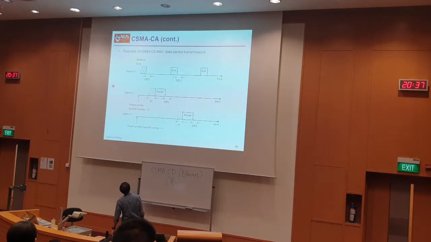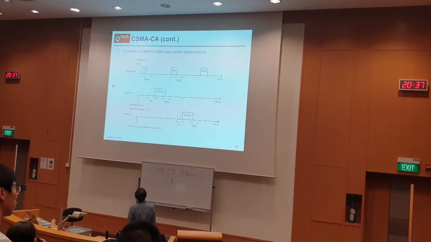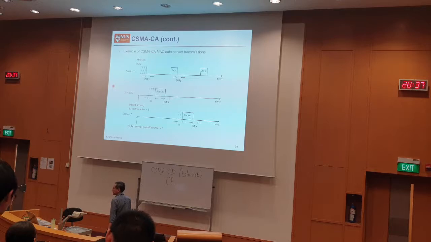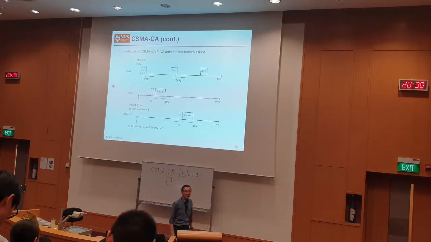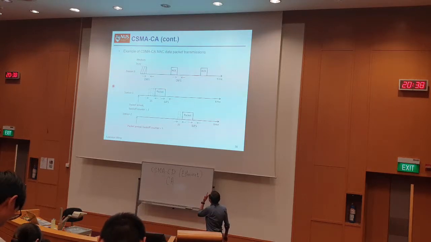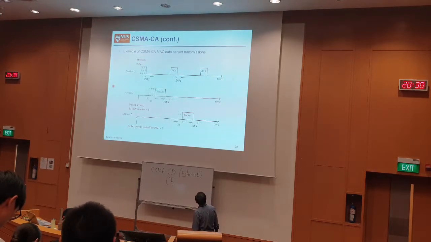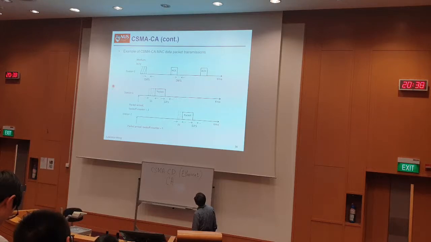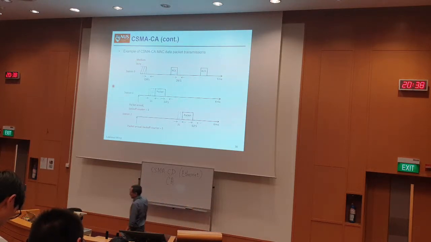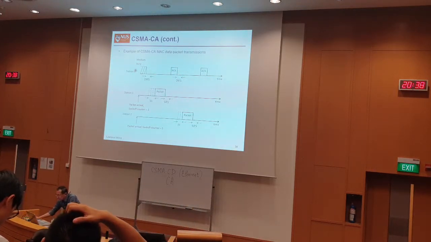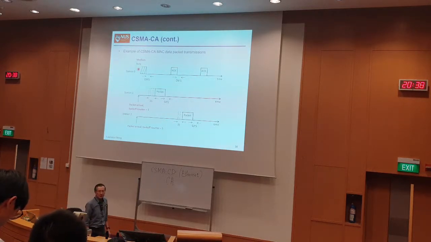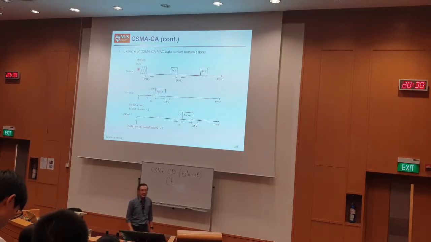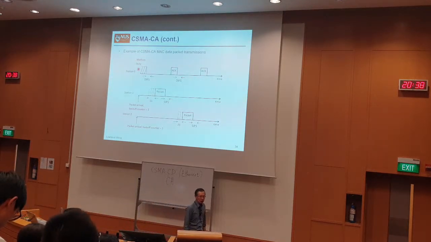What I'm showing here is that station 1 and station 2 want to send data to station 0. The channel was busy initially over here, and station 1 had a backoff of 3 slots, as you can see there, and station 2 has a backoff of 2 slots.